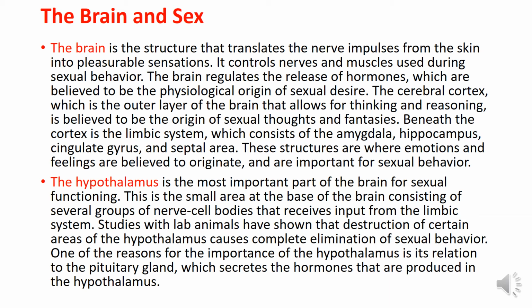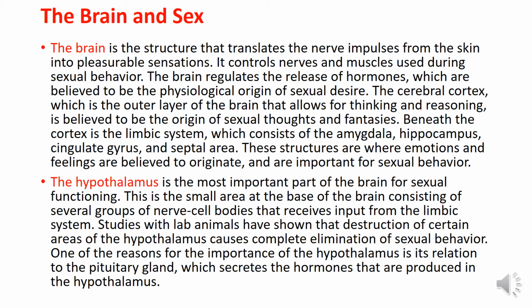Next, the hypothalamus is the most important part of the brain for sexual functioning. This is the small area at the base of the brain consisting of several groups of cell bodies that receives input from the limbic system.